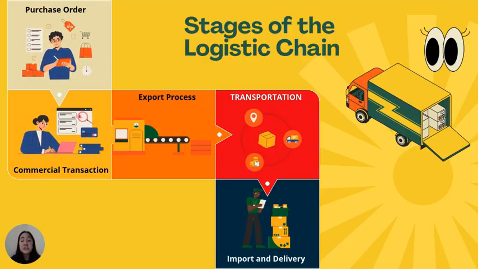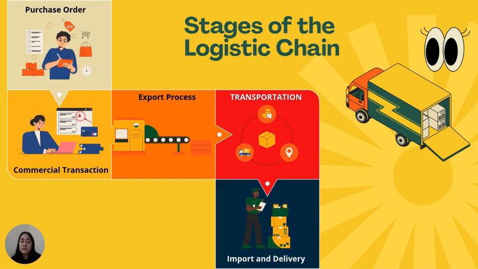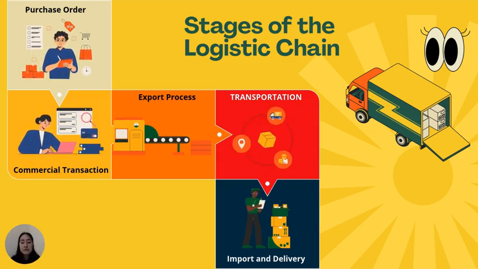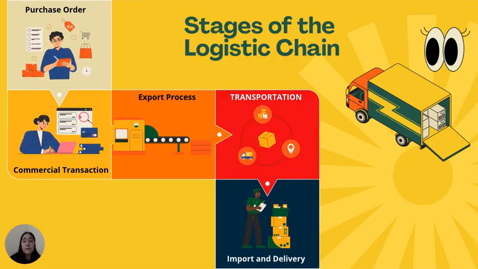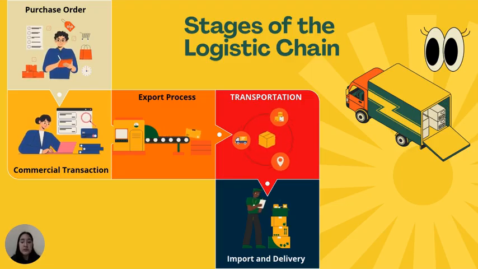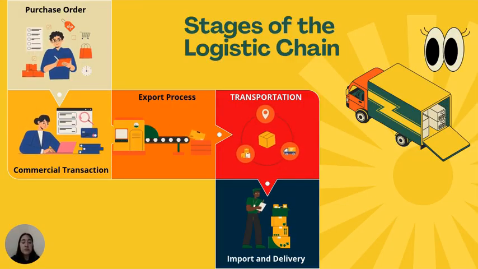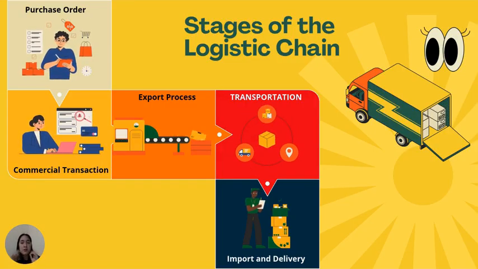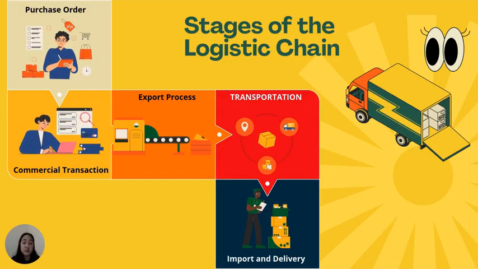The logistics chain is divided into several key stages, as we can see in the presentation. It starts with the purchase order, when the buyer formally requests the products that he wants. Then comes the commercial transaction, where both parties agree on prices, terms, and conditions.